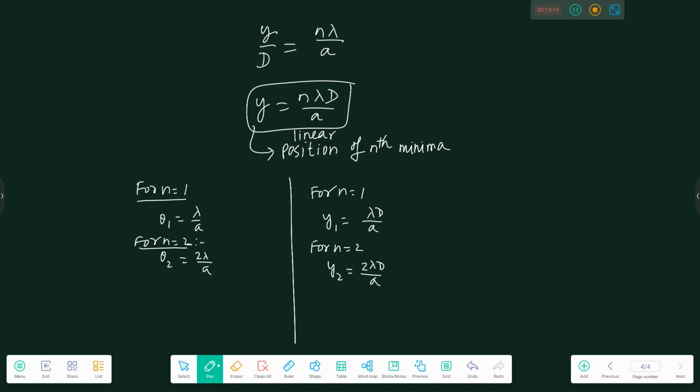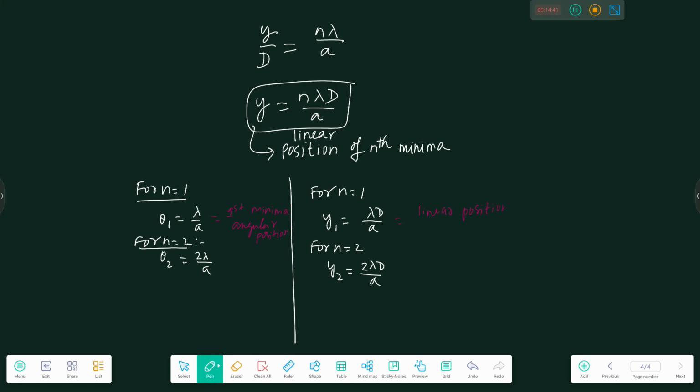Now all of you listen. Whatever we got here is the angular position of the first minima, and this is the angular position of the second minima. But this is the linear position of the first minima.